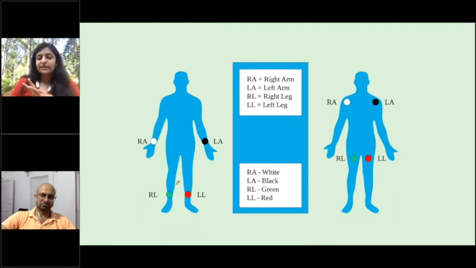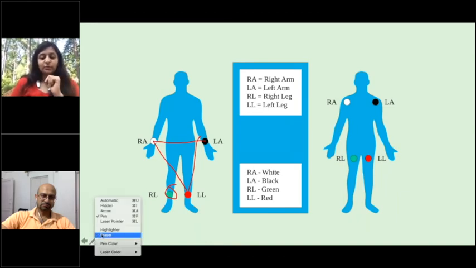It basically serves to ground the lead. And other than that, you have 3 active leads: the right arm, the left arm, and the left leg. You can place them either on the wrists or the leg, or you can place them up top. But basically what you're doing is you're trying to make the electricity go through the heart, which is in the center. Okay, and we'll see more of that in the next.